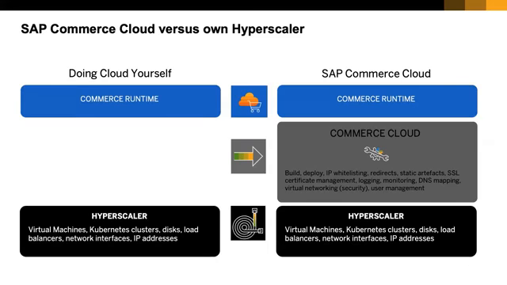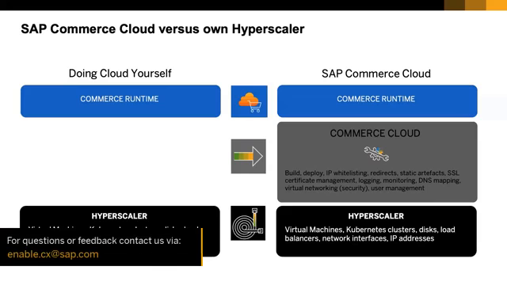But then you have to get all these resources from the hyperscaler, and you have to configure it again and again for dev, staging, and production, while what we provide here in the middle is a process for build, deploy, IP whitelisting, redirection, serving static files, installing SSL certificates, logging, integrating a centralized logging system, which is great, a centralized monitoring system, Dynatrace, the DNS mapping for the security, user management, and we provide all these features for you, which is actively developed, with features added monthly to this platform.